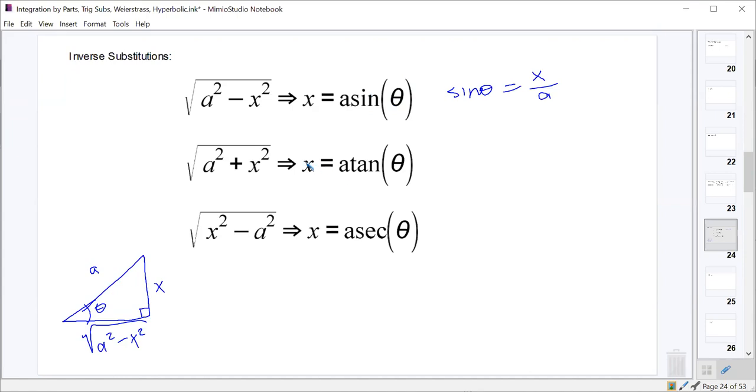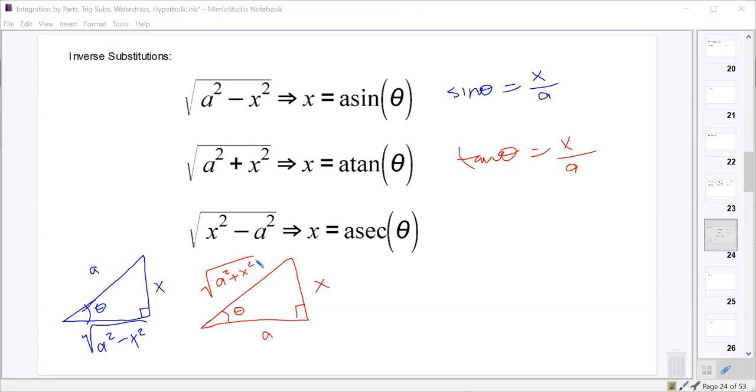Okay, so same thing here with this one. This one gives us tangent theta equals x over a, right? Which will give us a nice little right triangle here. Pretend that's a right triangle with, like I said, tangent theta equals x over a, which gives us a hypotenuse, root a squared plus x squared.